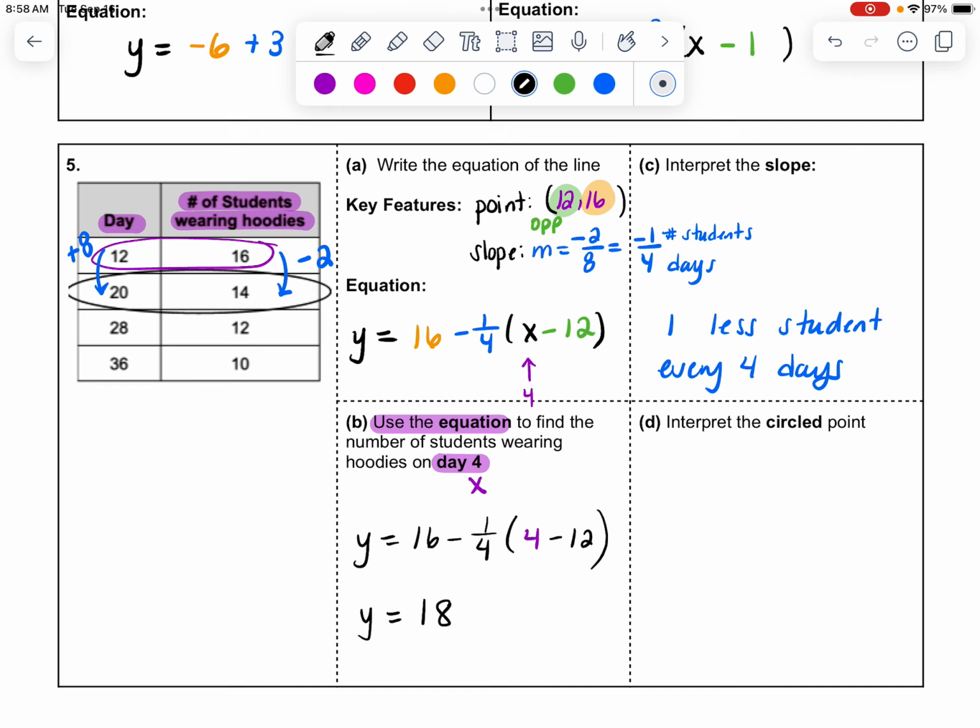Now, in this case, we're measuring the number of students who are wearing hoodies. So I would say 18 students. Last but not least, we're going to interpret the circled points. Now, it's a little confusing because I circled a point, but the original circled point was the 20 and the 14. 20 is going to be the days, and 14 is going to be the students.